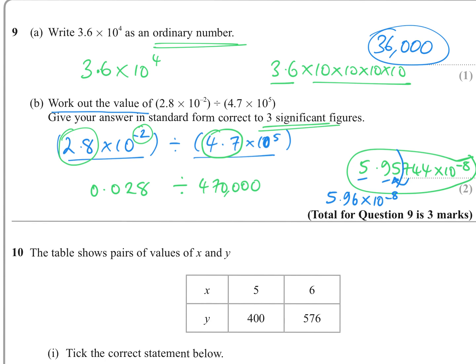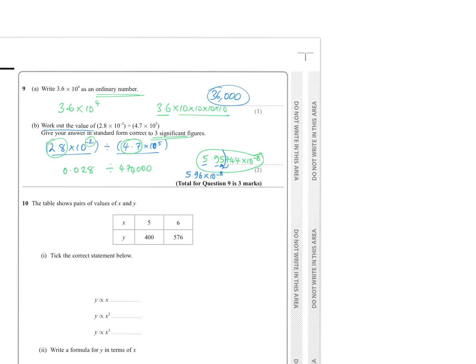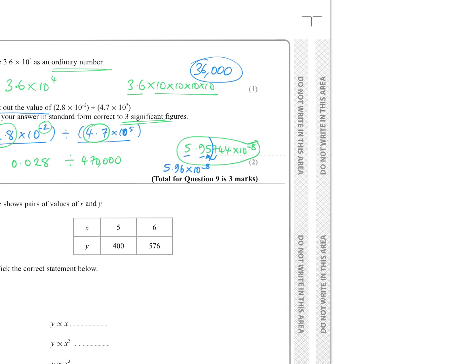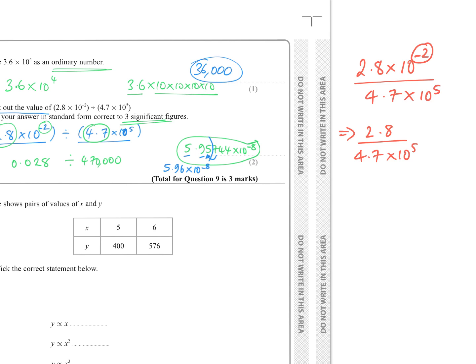Now, another way of doing this question is you can say to yourself, just write it straight out, so 2.8 times 10 to the minus 2 divided by 4.7 times 10 to the 5. This negative index here is the same as writing 2.8 divided by 4.7 times 10 to the 5 times 10 to the 2.